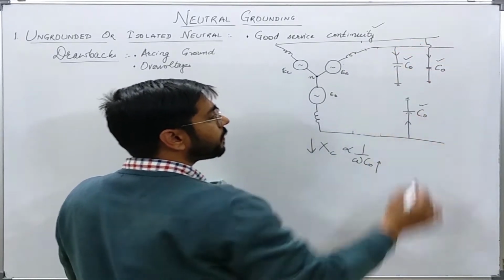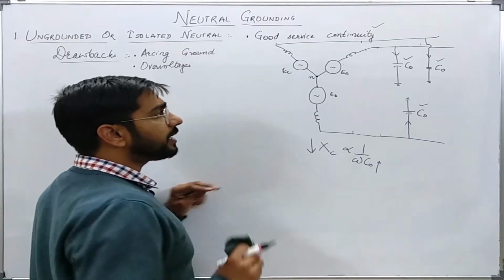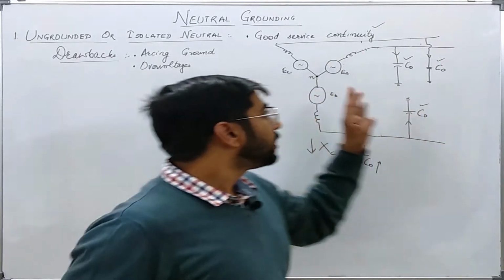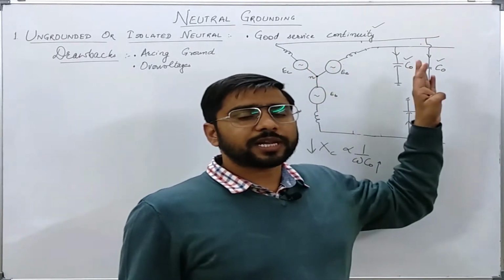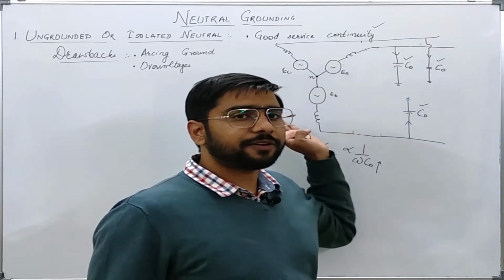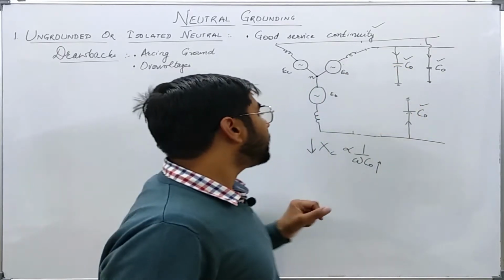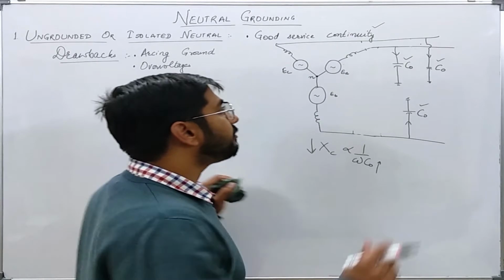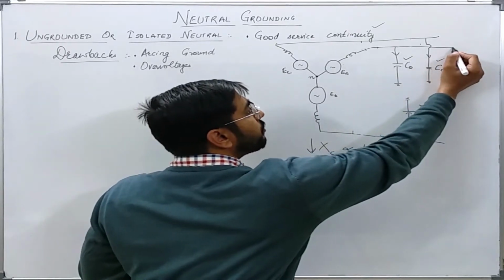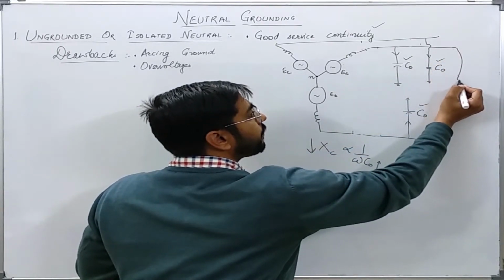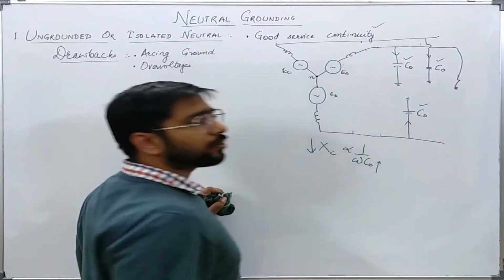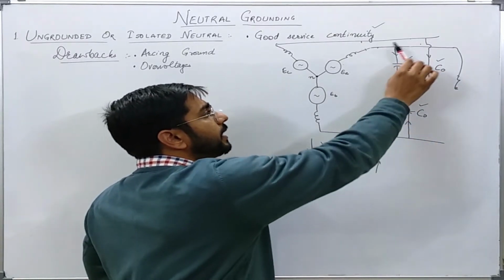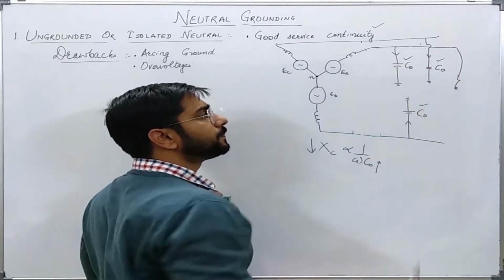So even if we cannot see a direct connection to ground, due to the increase in the length of the line or multiple lines connected to the point, even a very small line to ground fault occurring will give a closed path.